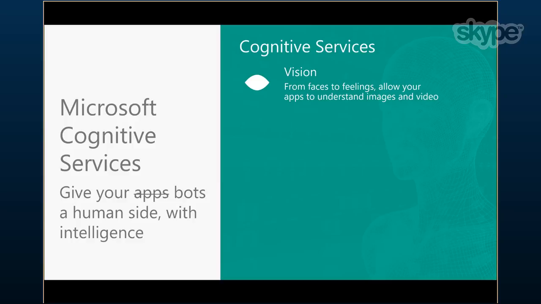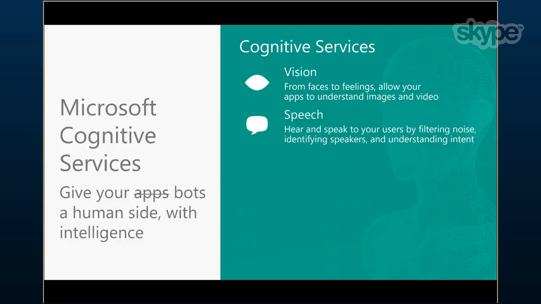If any of you saw the keynote from Ignite last week, you may have seen a video from Uber, where Uber are using some of these cognitive services to verify the identity of their drivers before they can accept any fares by having the driver take a selfie image and uploading that to Uber. And then Uber will use the Cognitive Services Face Recognition API to verify that that is the driver of that vehicle before starting to send them jobs for the day.